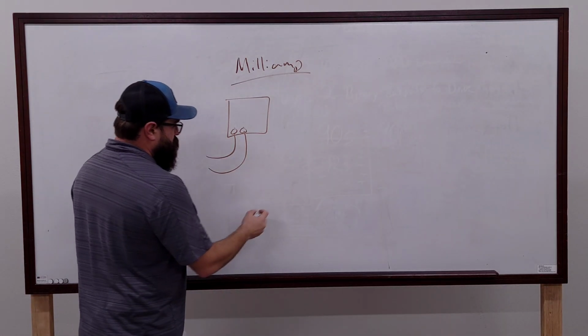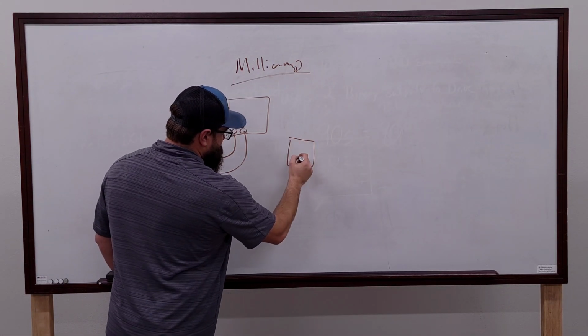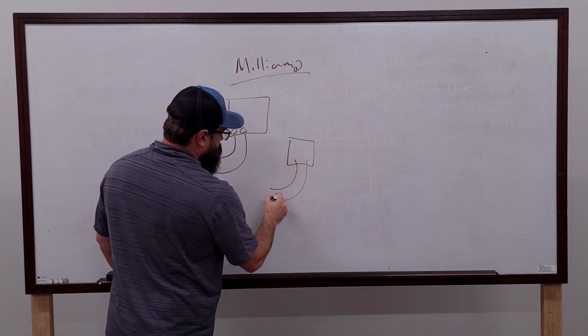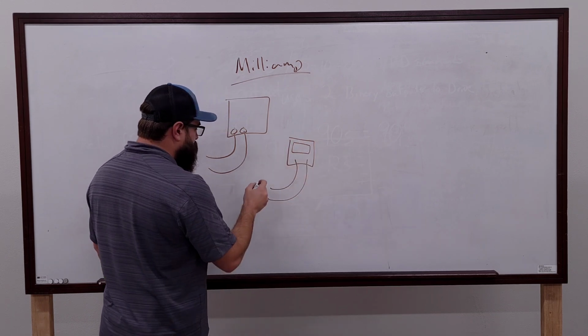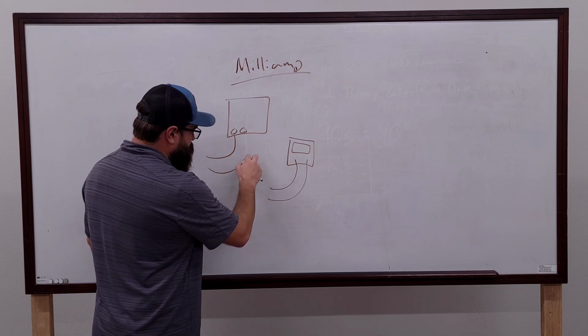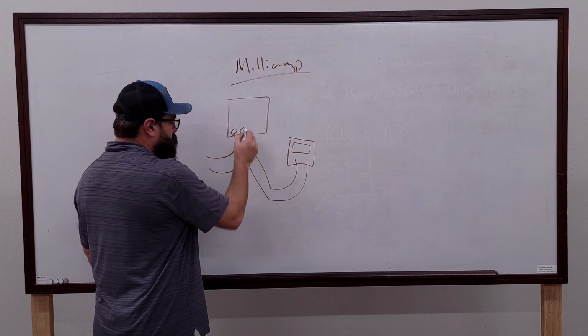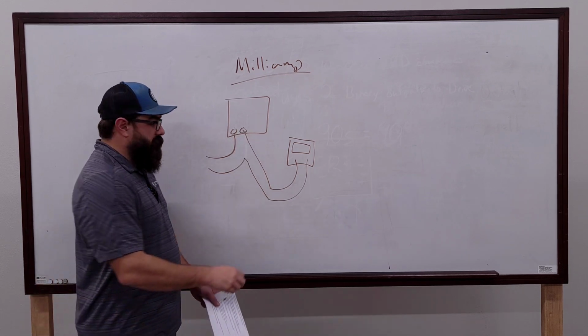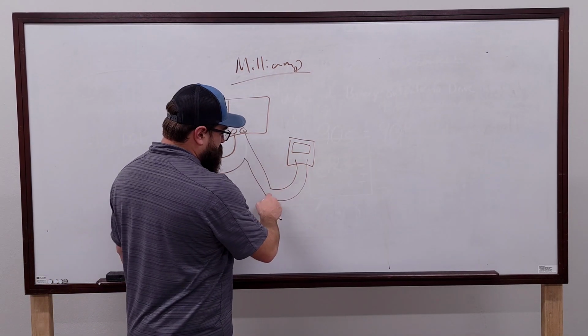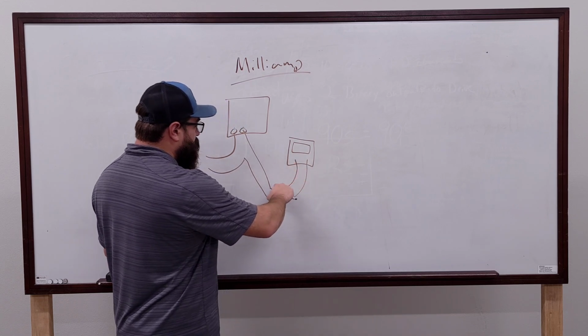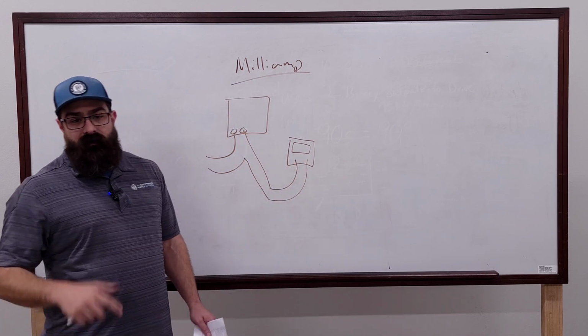What you would do is, here's your little meter. You've got your leads, little screen. You would unwire this wire, put your meter to that wire and your meter to that terminal. And then you set your meter to amps, and then the current goes through the meter and it's able to read the amp draw that way.